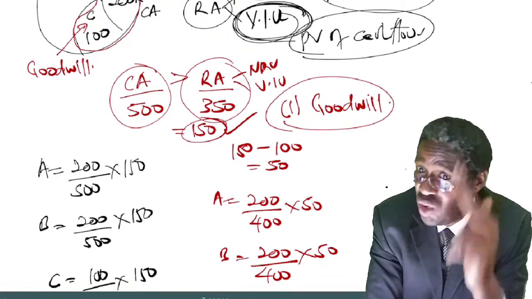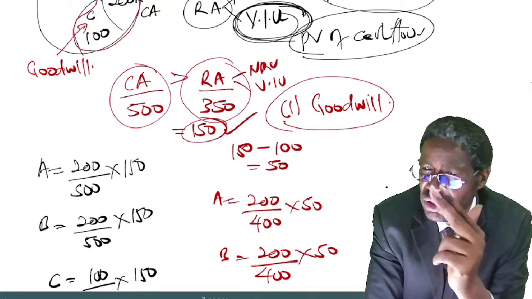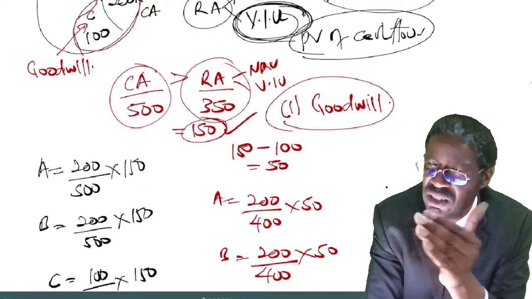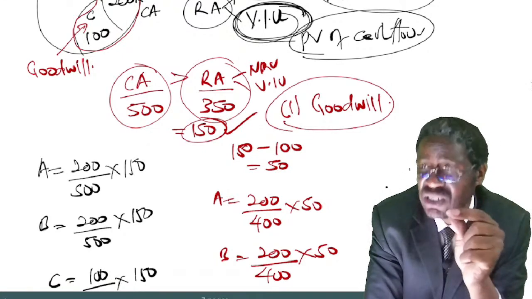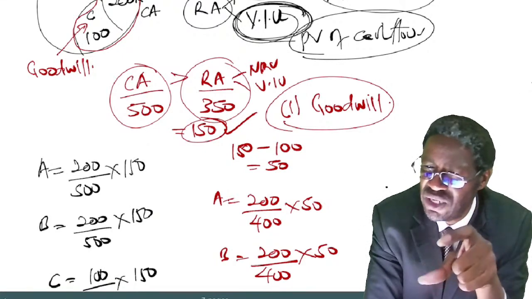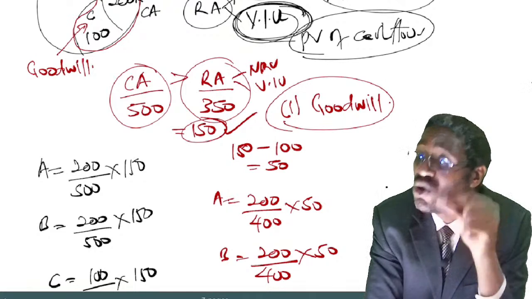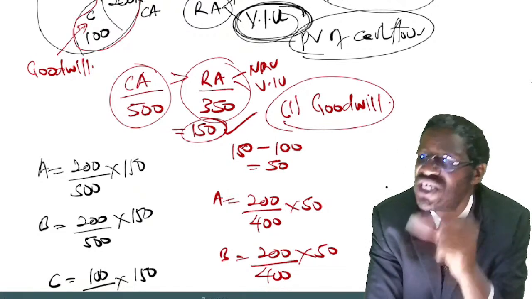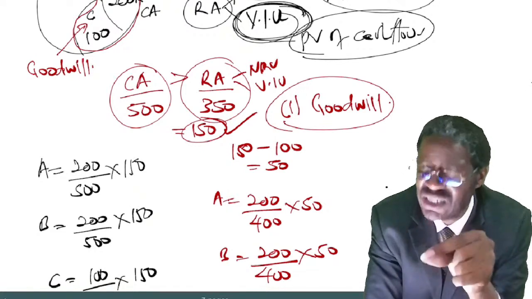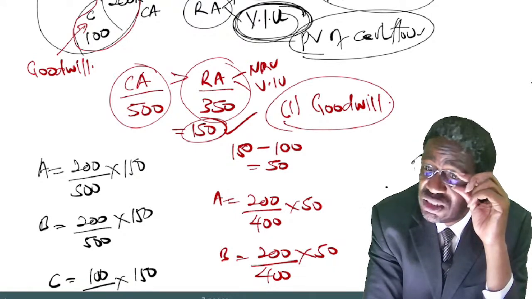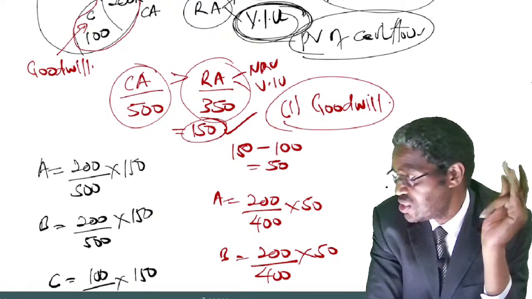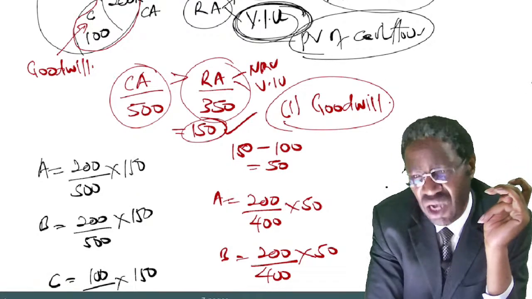Number one, you eliminate the carrying amount of any goodwill. Then the balance of the impairment loss should be allocated to the other assets in the unit on the basis of their carrying amount.